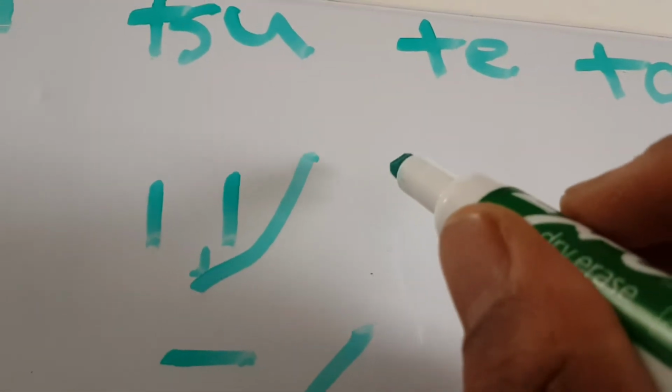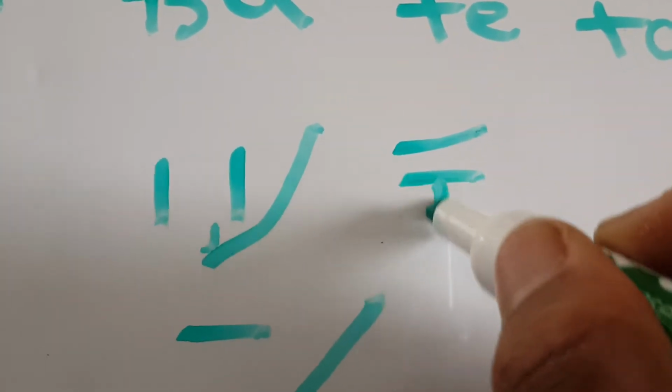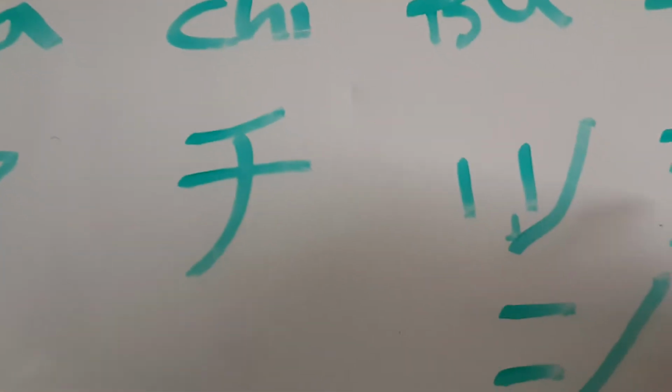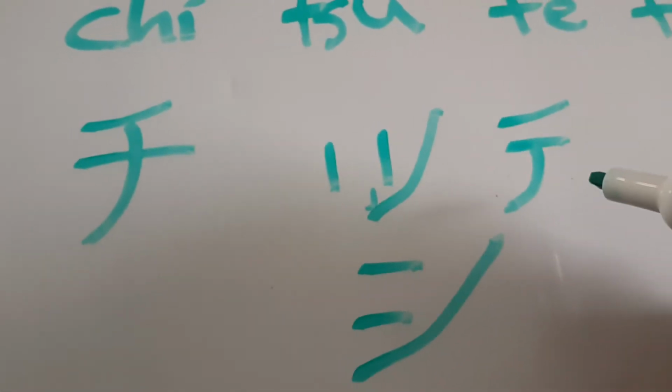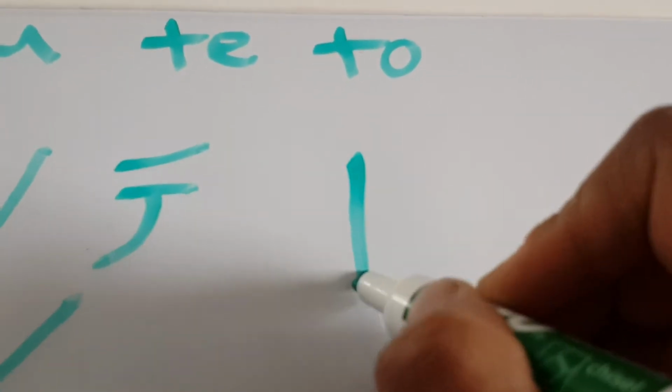The te sound looks like this, not to be confused with the chi sound. And the to sound looks like this.